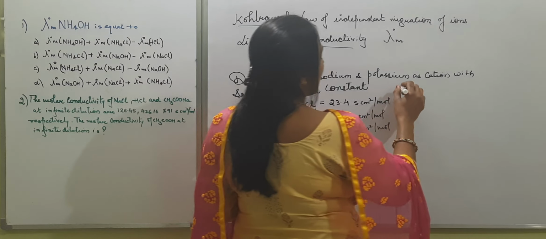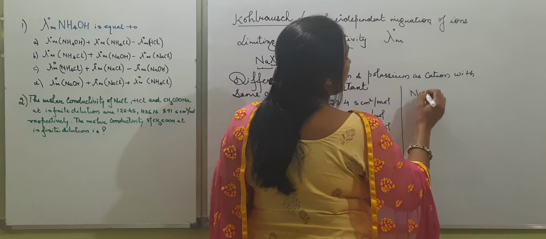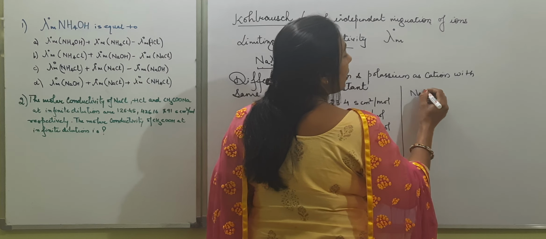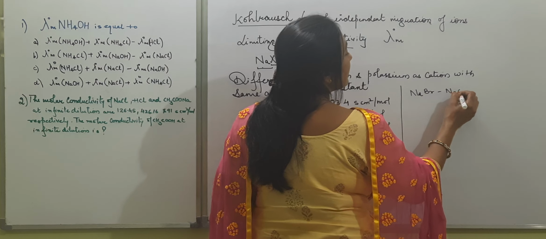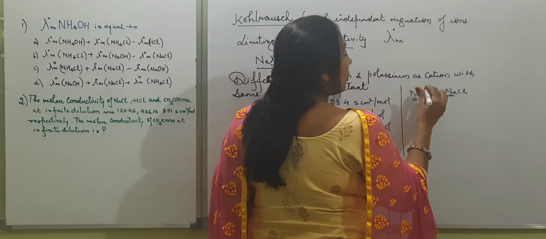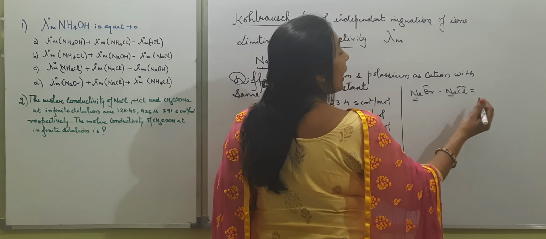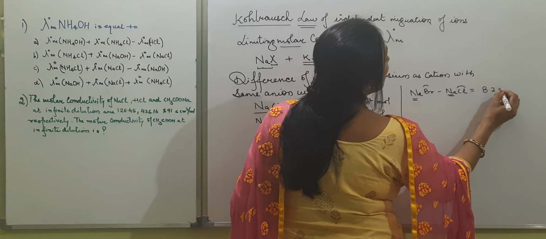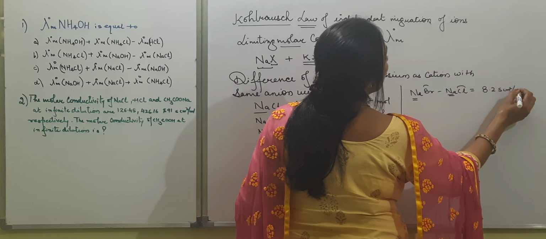If we take sodium with a different anion, for example NaBr minus NaCl, now the cation will be the same but the anion will be different, and it will be 8.2 Siemens centimeter square per mole.